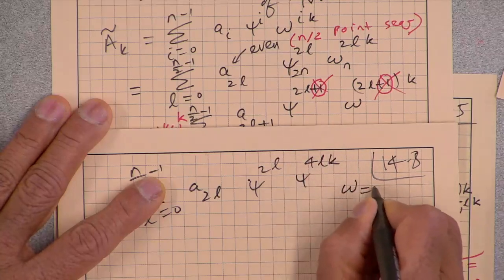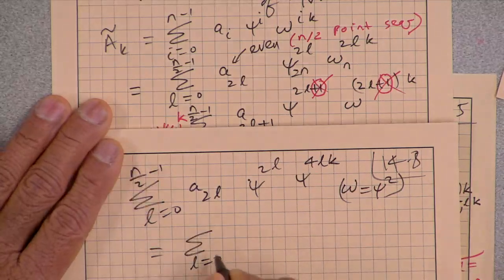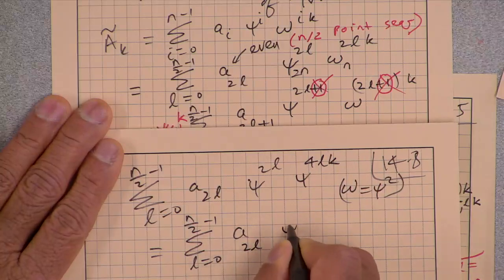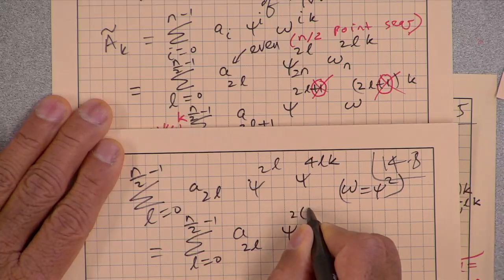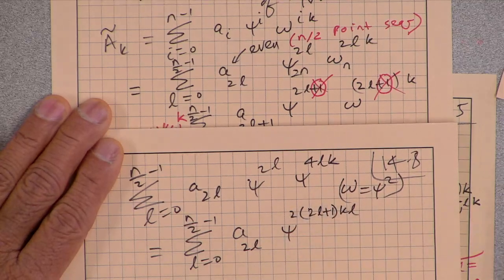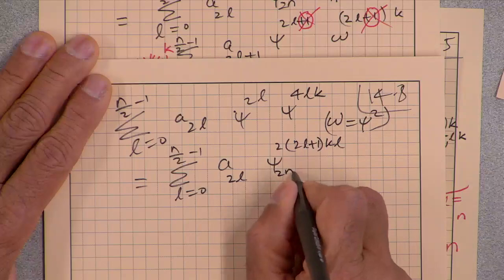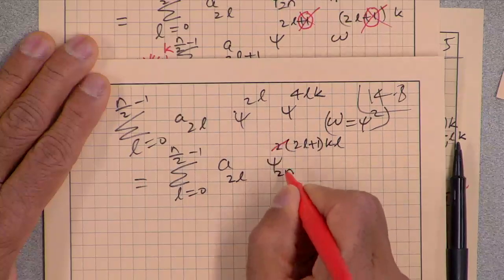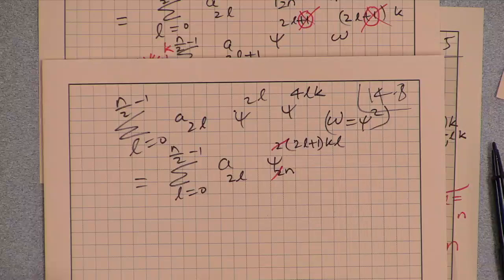So we are substituting omega is equal to psi squared, and that becomes L equal to 0 to n by 2 minus 1, a to L, psi to the power 2 taken outside a bracket, 2L plus 1 times KL. And so I can cancel that. So if I add psi to n here, I can cancel that 2 by making it psi n. Okay, so that's final. That's really what the new twiddle is.